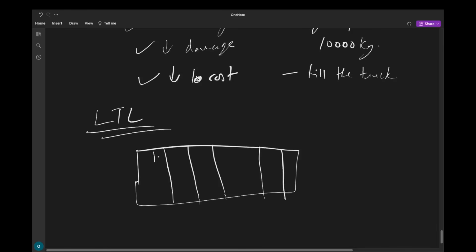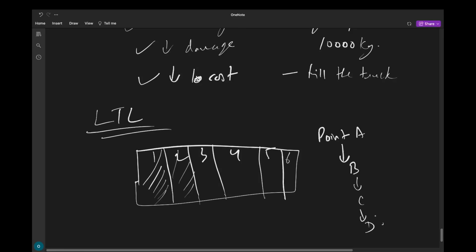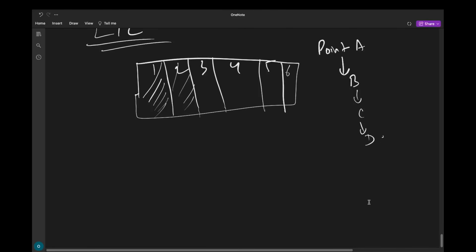So there is customer 1 whose goods are loaded here, then customer 2, customer 3, 4, 5, 6, and one truck is taking goods of 6 customers. So all the truck is loaded at point A. Now it will go to B, C, D, and so on. Okay. So in case of less than truckload, we have multiple stops. It is not direct.